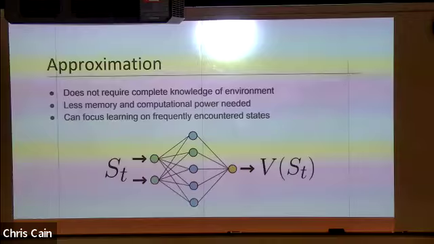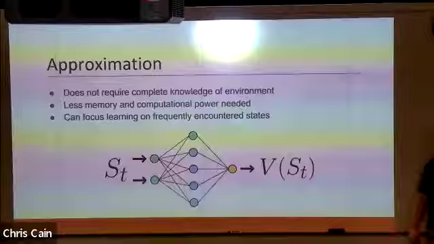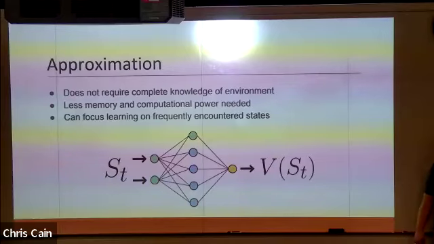You can focus on learning frequently encountered states. There are some systems where frequently encountered states are more important to learn than an average state. Take chess, for example. There are common end games in chess where you have a king, a bishop, and a knight, and your opponent has a king and a knight, or a king and a rook.